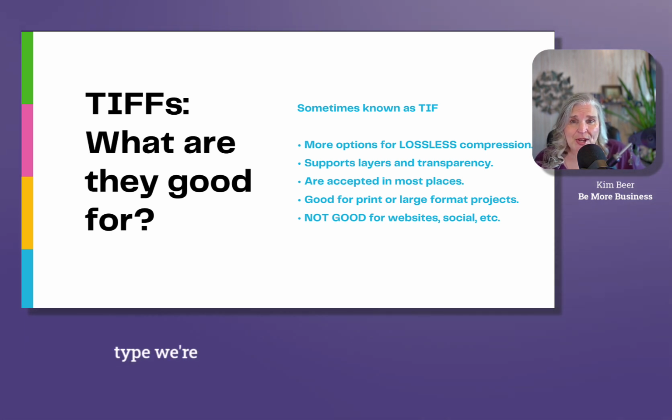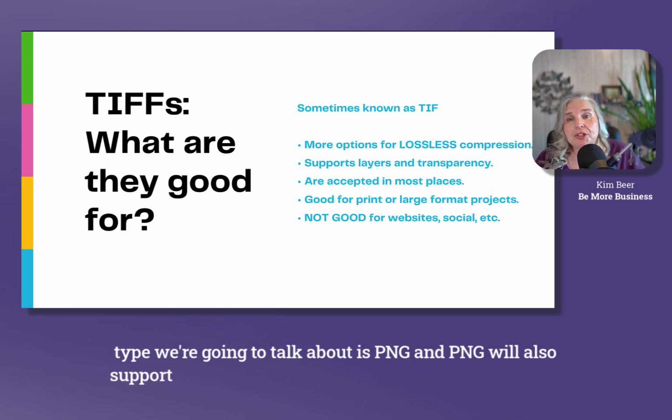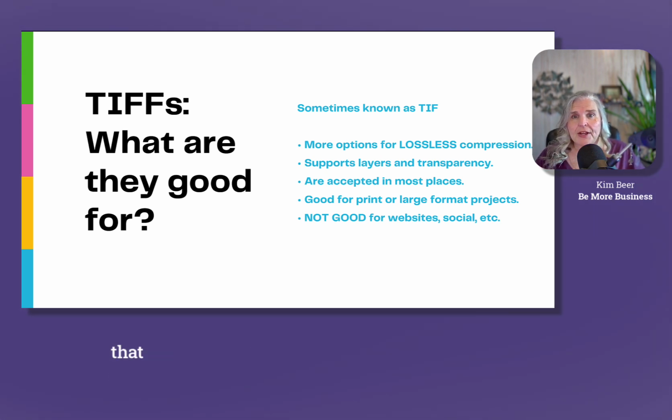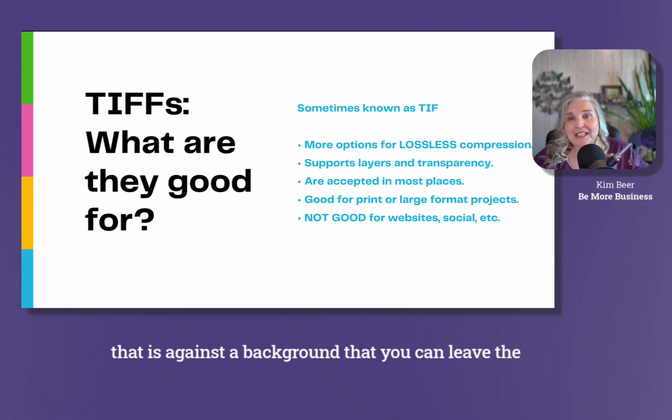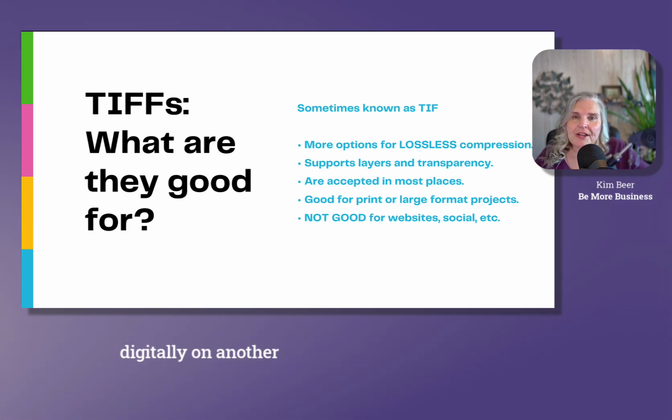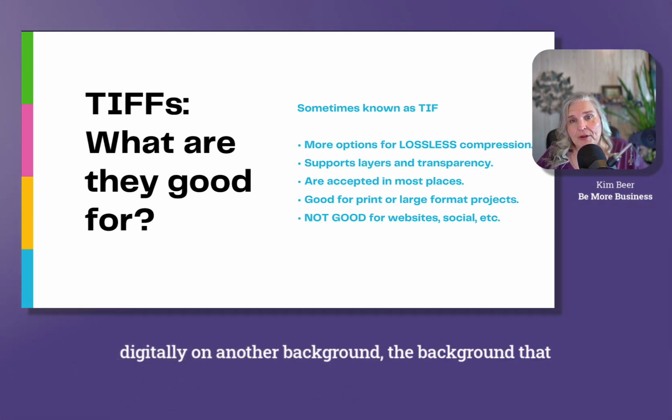Now, the next file type we're going to talk about is PNG, and PNG will also support transparency. That means if you have a graphic against a background, you can leave the data out of the background, so when that graphic is put digitally on another background, the background that you place it over will show up.